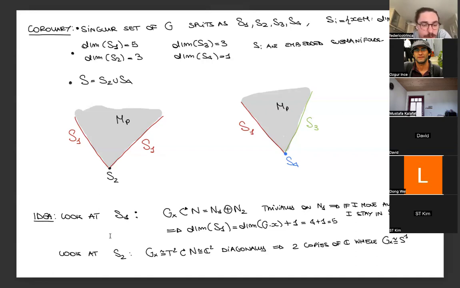Similarly, if we look at S2, then my action is like the one of T2 on the normal space, and there I don't have any fixed set, so I remain 3-dimensional as expected, but I see 2 copies of C where the stabilizer is 1-dimensional, and this corresponds to the 2 copies of S1 here.